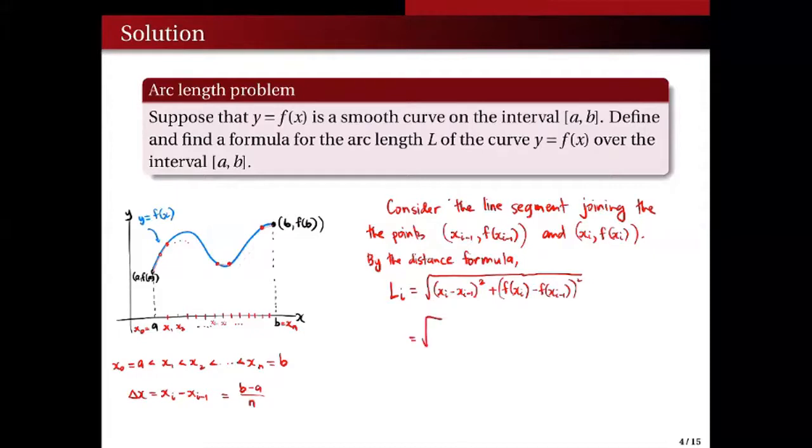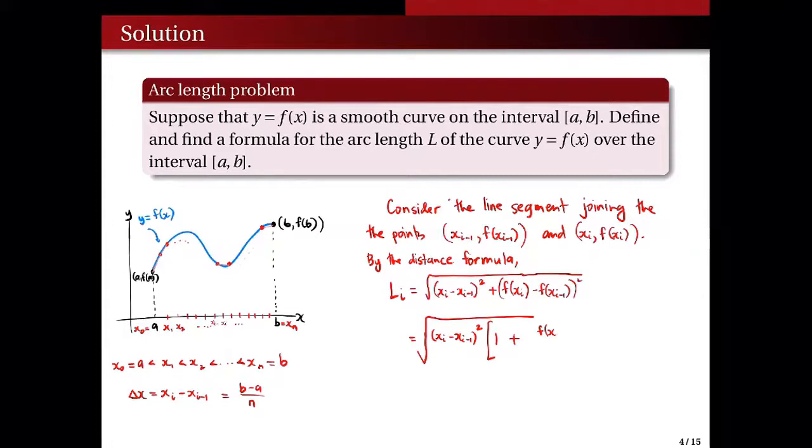We will have the square root of x sub i minus x sub i minus 1 quantity squared times 1 plus f of x sub i minus f of x sub i minus 1 squared. And we will have a denominator after factoring, x sub i minus x sub i minus 1.